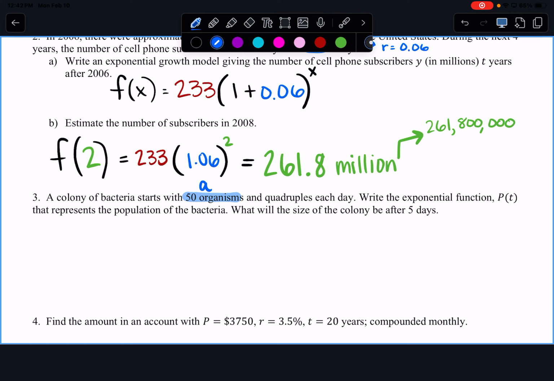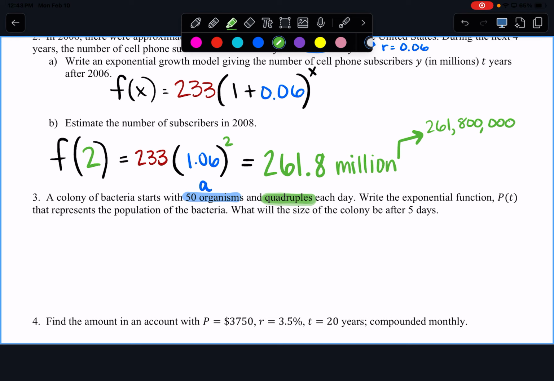Times 4. Okay, so this problem, did it give us a rate? Did it give us a percent? No. If it doesn't give us a percent, will I use the B or will I use the R? The B. If it does not give it to us as a percent, we have to use the B formula, okay?